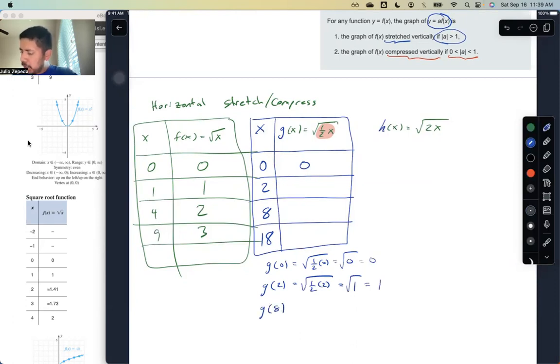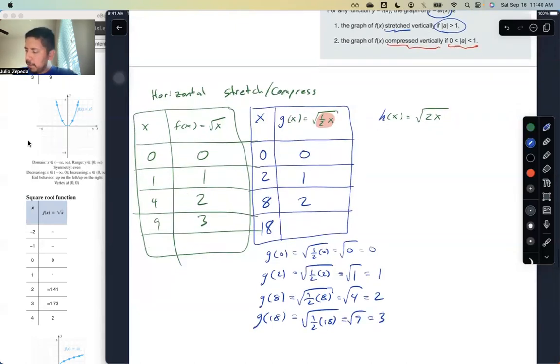G of 8, we take half of 8, resulting in 4 under the square root. The square root of 4 is 2. And the last one, g of 18, is equal to the square root of half of 18. Half of 18 is 9, and its square root is 3. So we get 3 here.